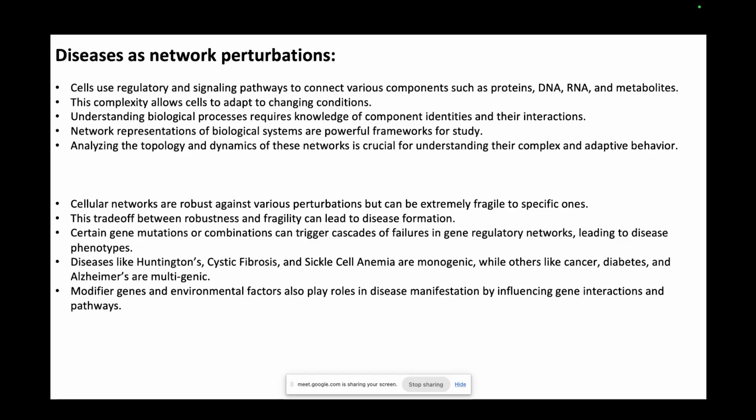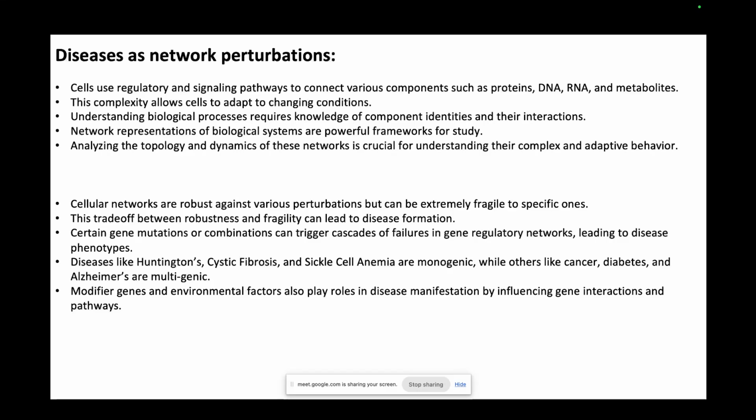This is why we say these systems are very robust in nature. But there is always a but. There can be particular nodes or elements of the network which, when perturbed, can make the system very fragile. And this trade-off between robustness and fragility can lead to disease formation.